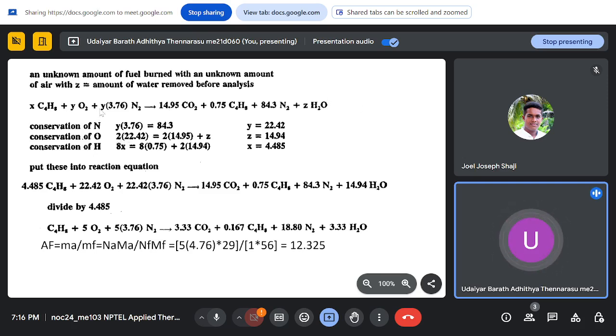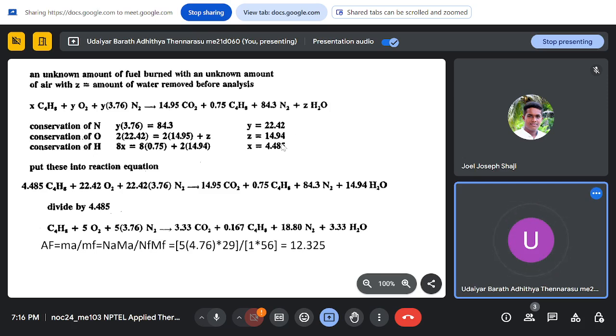Here is O2, here is 1 O, so 2 times Y is on the left side, and Z plus 14.95 into 2 on the right side. So 2 into Y, 22.42, equals 2 into 14.95 plus Z. With this we can find out Z as 14.94.